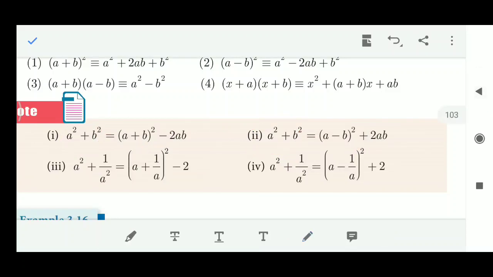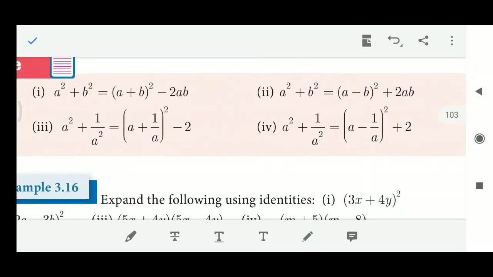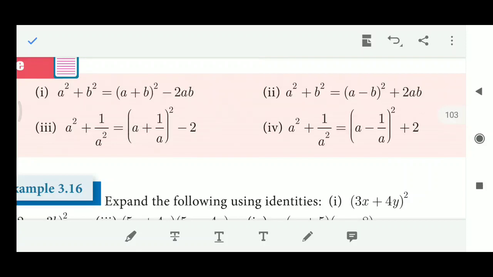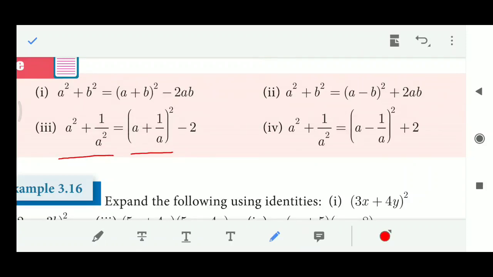From this same concept we have two more identities: a² + 1/a² = (a + 1/a)² − 2, and a² + 1/a² = (a − 1/a)² + 2.